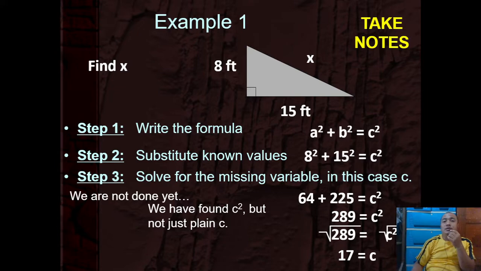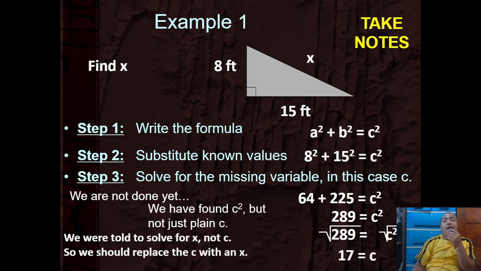We choose the positive one because we are talking about length, so it's always positive. We were told to solve for x, not C, so we should replace the C with an x. Therefore, x is equal to 17. Number 1 is solved.